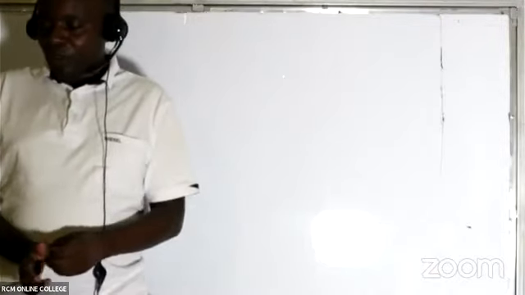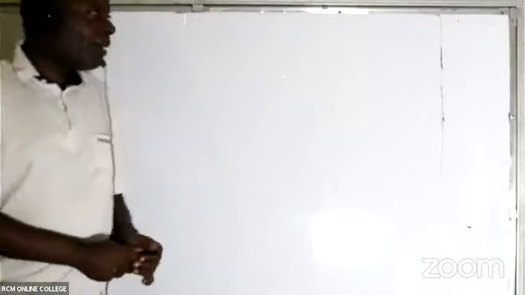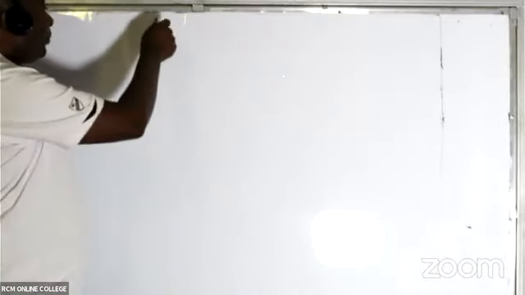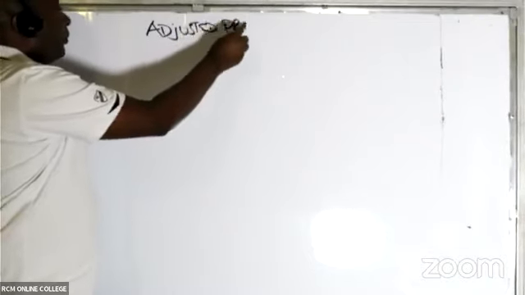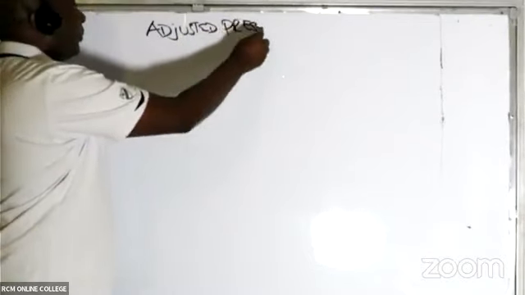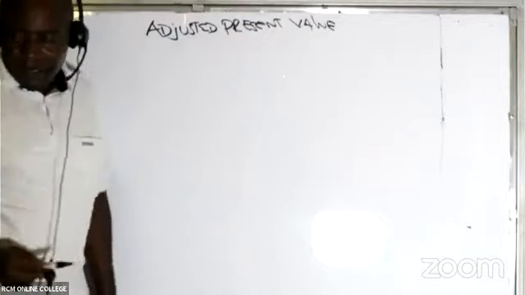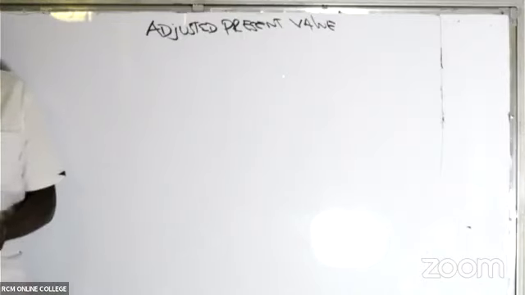So remember, we're looking at what we call adjusted present value, APV, the adjusted present value method.